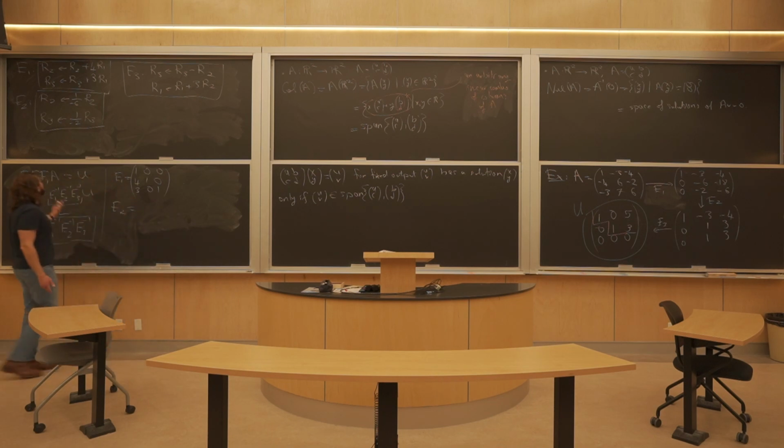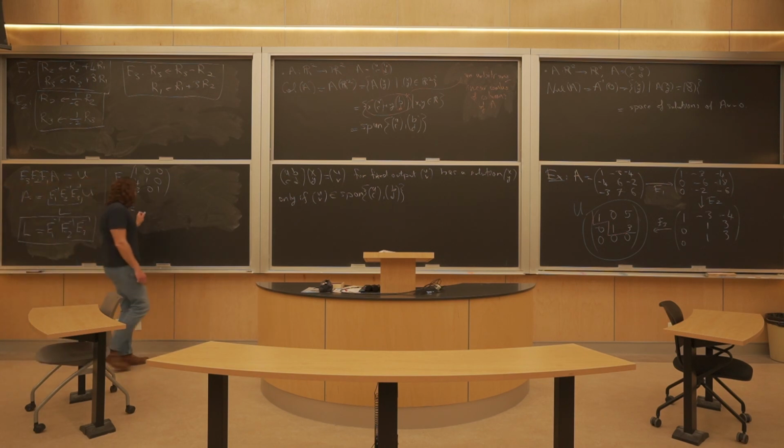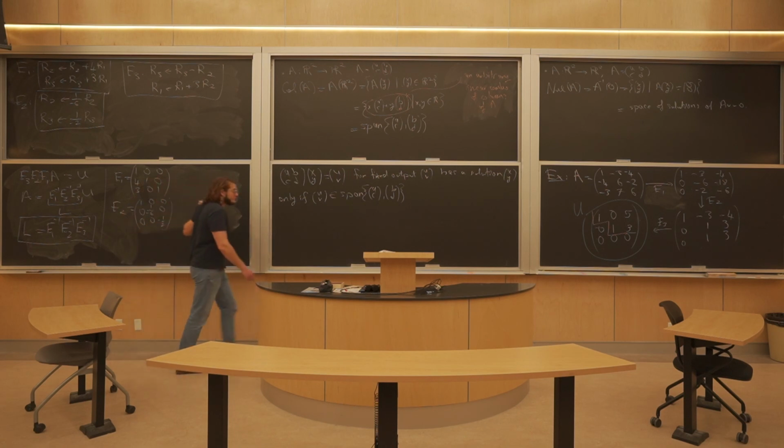E2, again, is scaling the second row by 1 over minus 6, that means that in the middle I should have a minus 1 over 6. And likewise here. Again, if you don't believe me, you can take the second matrix, multiply it from the left by that matrix, and you're going to get this matrix.